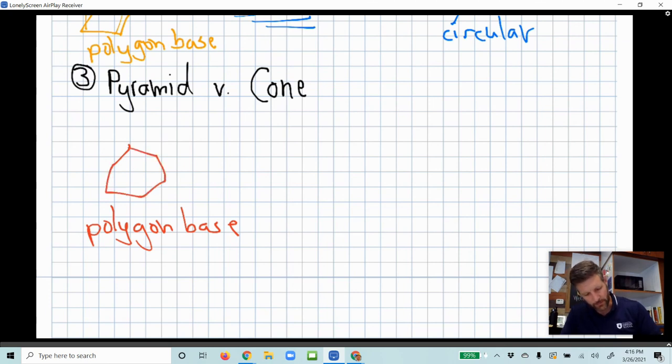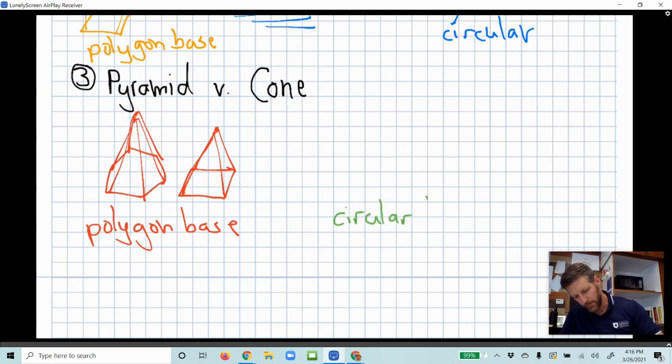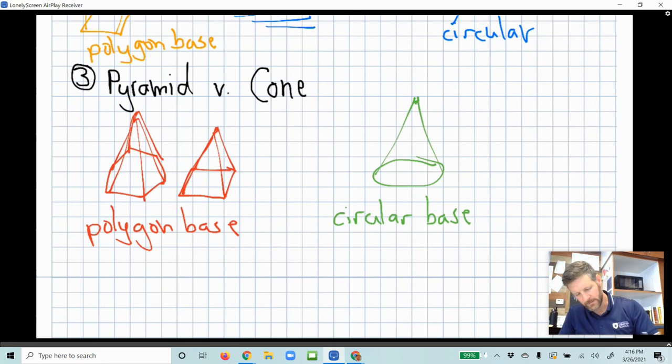That looks pretty bad too, but oh well. And so it's got some sort of shape that is the base. Could also just be something as simple as this. Whereas the cone again has the circular base, but rather than having the congruent top and bottom, it has the common vertex at the top, some sort of circle, and so that's the key difference there.